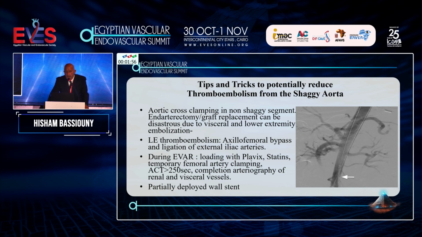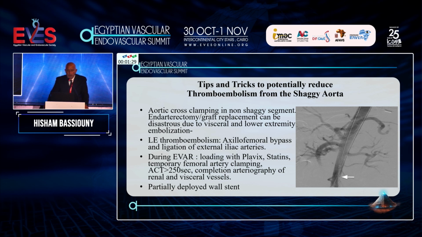There are some tips and tricks to potentially reduce thromboembolism if you have to intervene. Aortic cross-clamping in a non-shaggy segment, endarterectomy and graft replacement, if you're not careful, can be disastrous. An old technique, I think, which is very valuable, especially in patients with blue toe syndrome, is an axillary femoral bypass and ligation of the external iliac arteries.